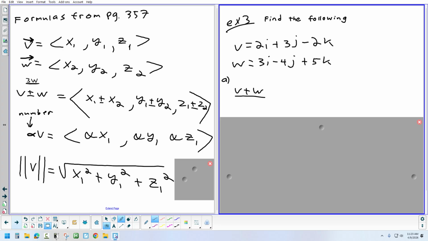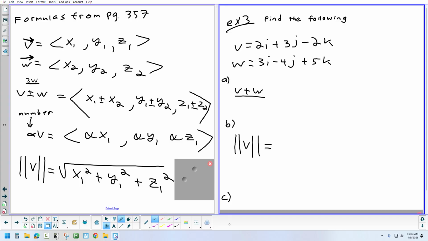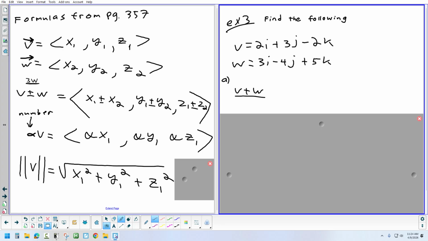All right, so here's 2 3-dimensional vectors in unit vector form, and they want us to add them, find the magnitude, and then it looks like, I think, a scalar. Since they gave us the vectors in unit vector form, we'll give them the answer back in the same form. Start with i.